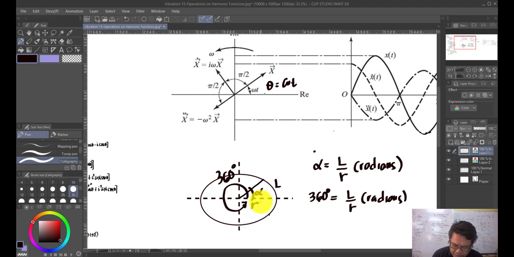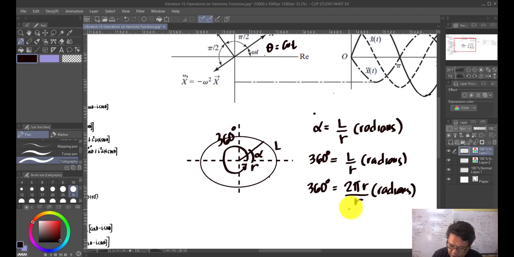The circumference of the circle is the length of the arc, which is 2 pi r, divided by r. I can cancel r, so for 360 degrees of rotation, that is equal to 2 pi.